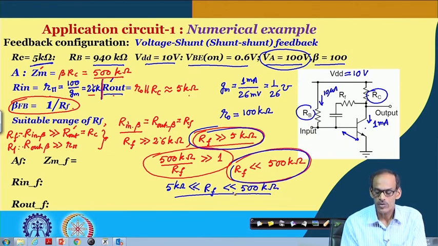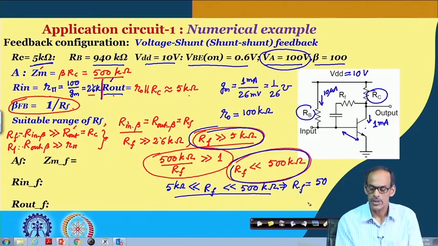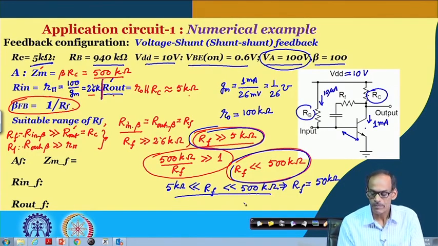And let us consider one example. So, we can consider say Rf equals to say 50, which is definitely helping us to satisfy both upper and lower limit.